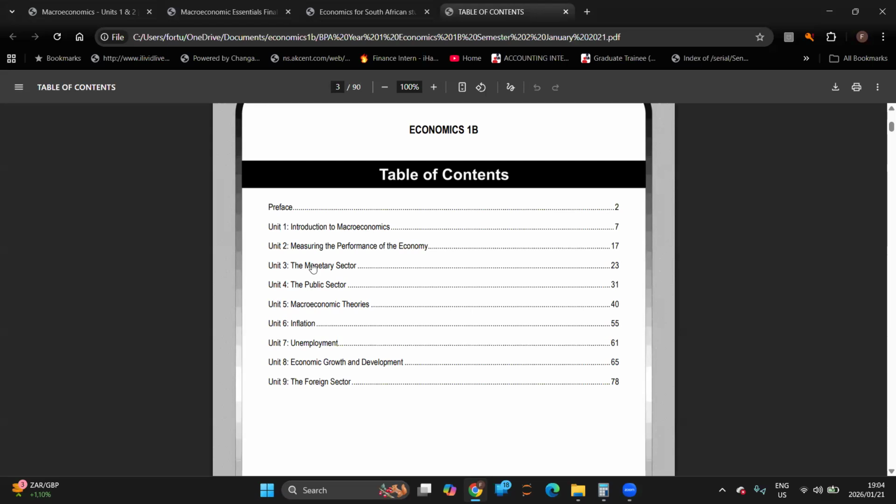We have the monetary sector and the public sector, which are your units 3 and 4. Then also macroeconomic theories, which form the bedrock of the reasoning behind macroeconomics. Then we also have subjects like inflation and unemployment, which are macroeconomic objectives that a nation seeks to achieve and how they affect an economy.